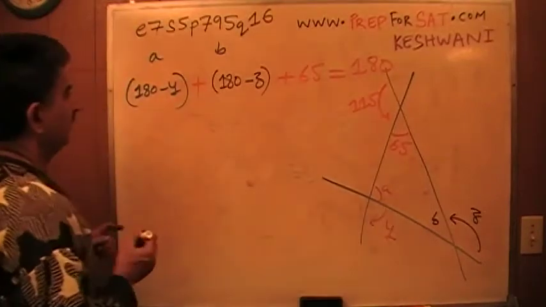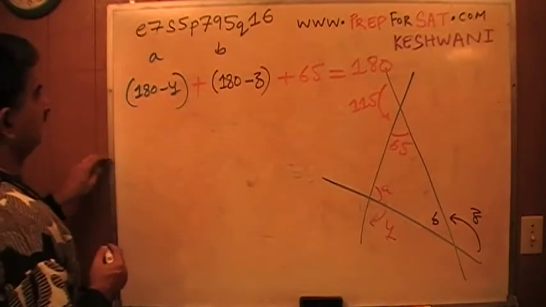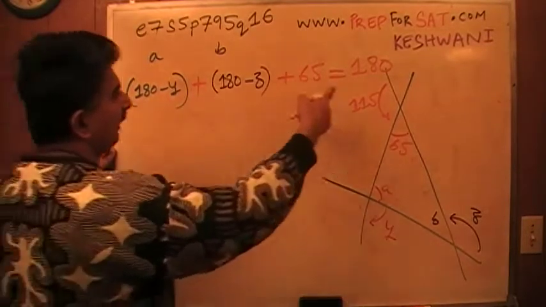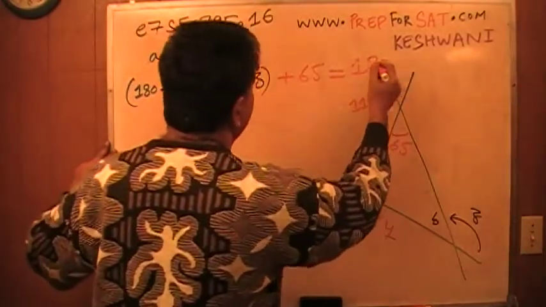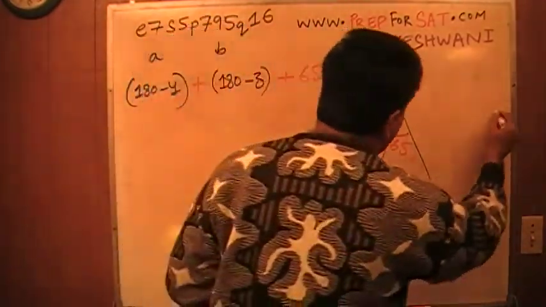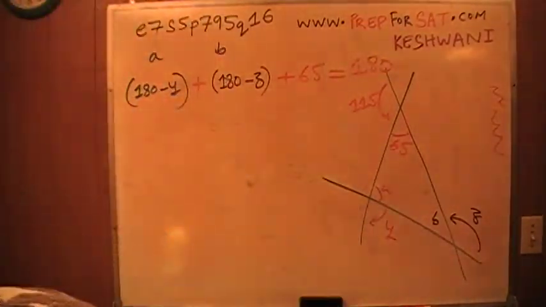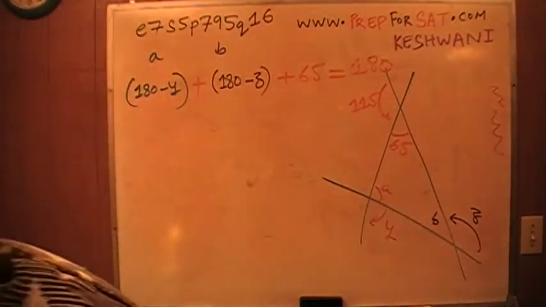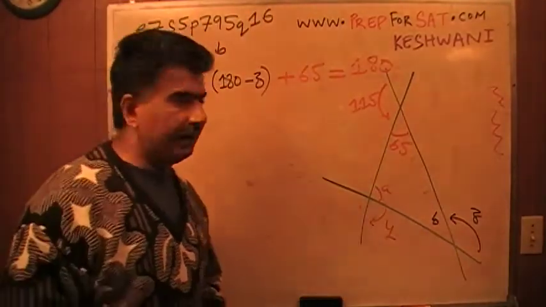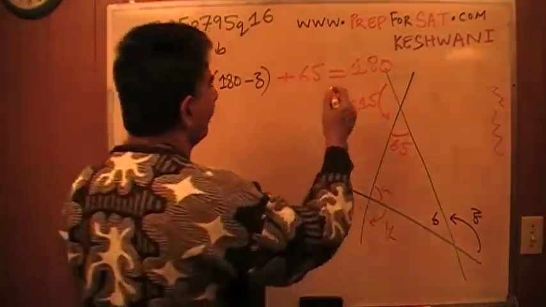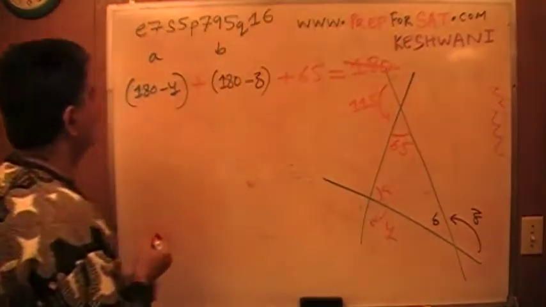Let's solve it. The very first thing I notice is that this 180 appears on this side and 180 appears on this side. I'm going to cancel it. This red marker does not want to work. Sorry about that. There you go.